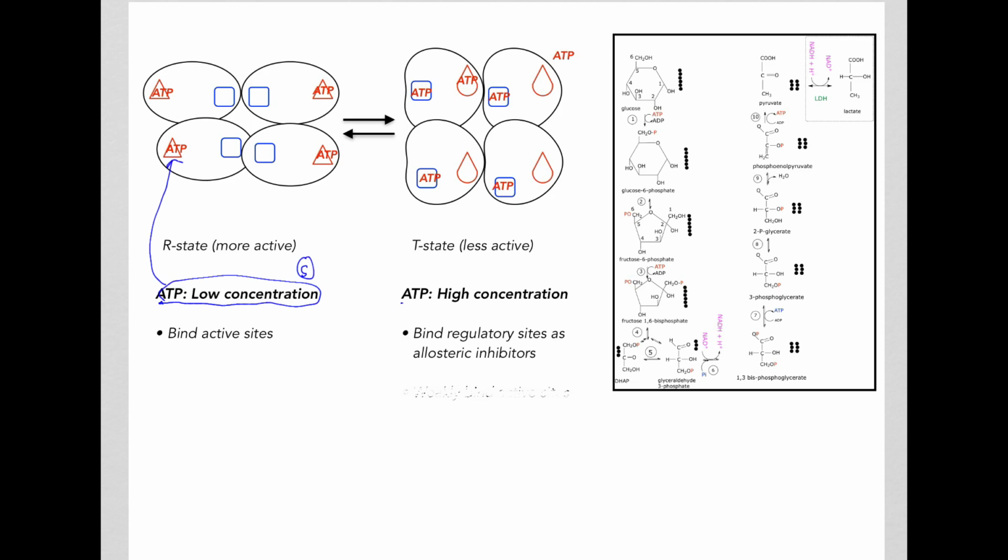However, when the concentration of ATP is high, it will not only bind the active site, but now it will also bind the allosteric sites. And when it binds the allosteric site, this high ATP concentration will stabilize the T state, the less active form of the enzyme. So more and more of this enzyme becomes less active, and the enzyme activity will go down.